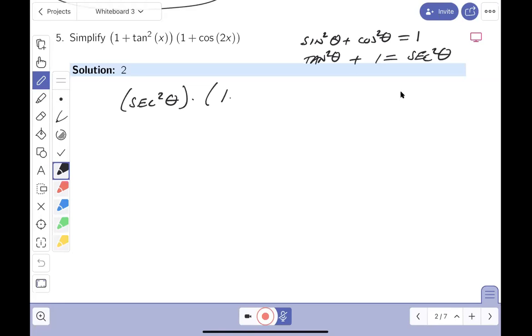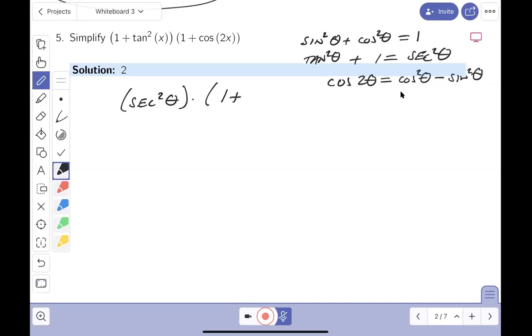Now 1 plus, oh, this is going to be a tough one. So cosine 2x, right? So I just put cosine 2 theta down. Well, I'm hoping you remember that the cosine of 2 theta is going to be cosine squared minus sine squared.